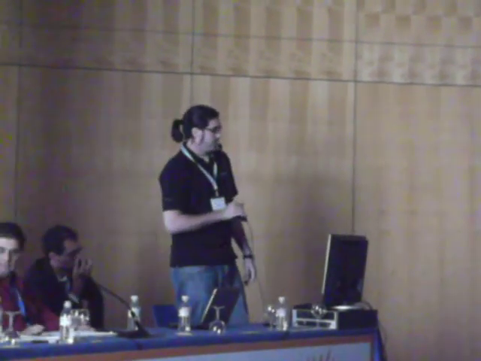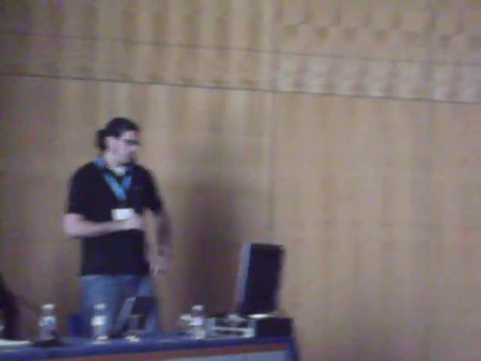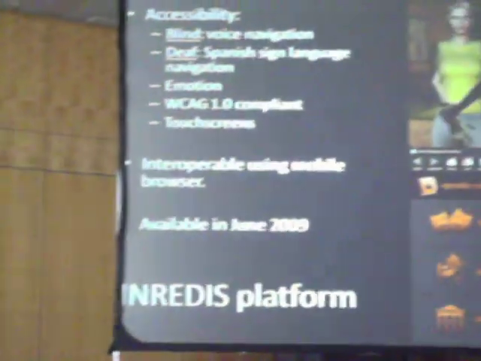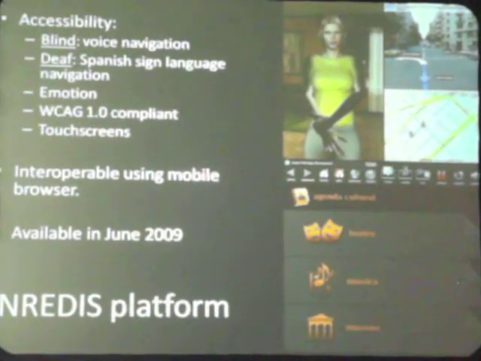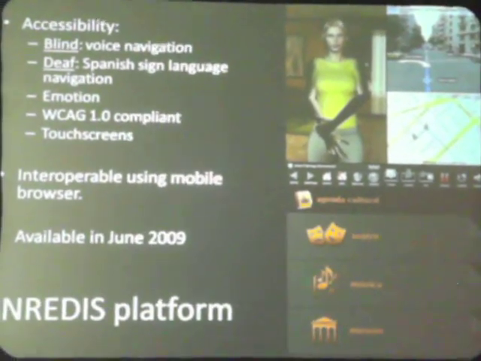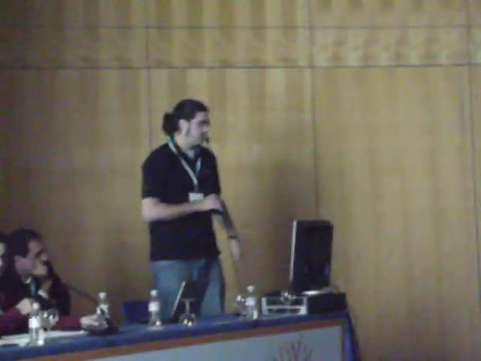And we are also integrating semantic technologies and some Twitter stuff. And the most important thing, well, we are developing this to prove the multimodality architecture from the W3C, and it will be totally accessible for people with disabilities.